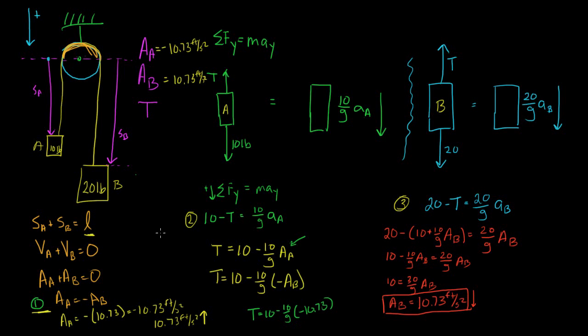And I think I forgot to mention this, but gravity is what this g is, and gravity is going to be equal to 32.2 feet per second squared. Sorry if you weren't following what this g was.